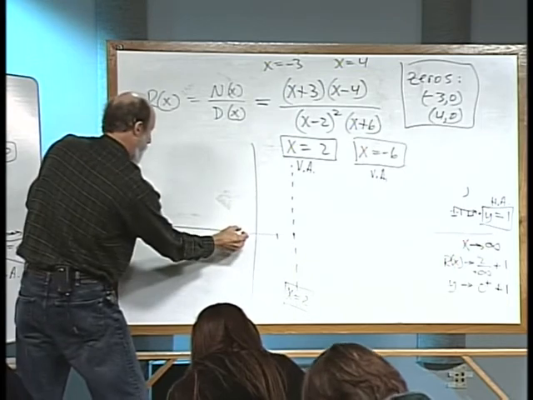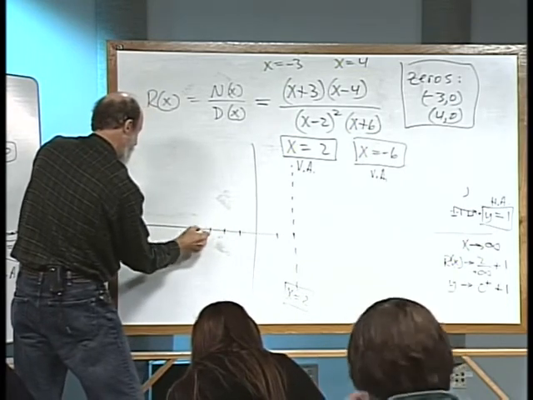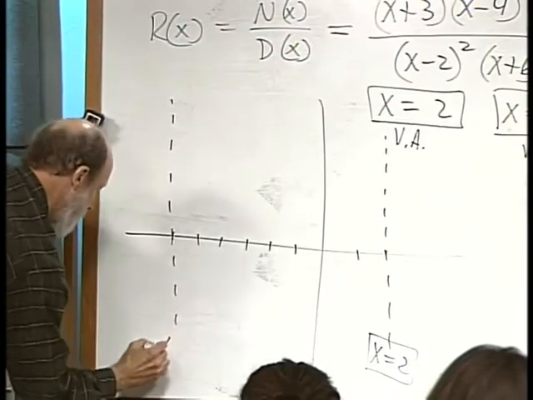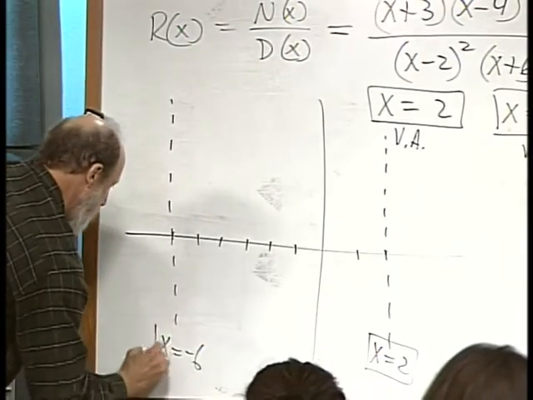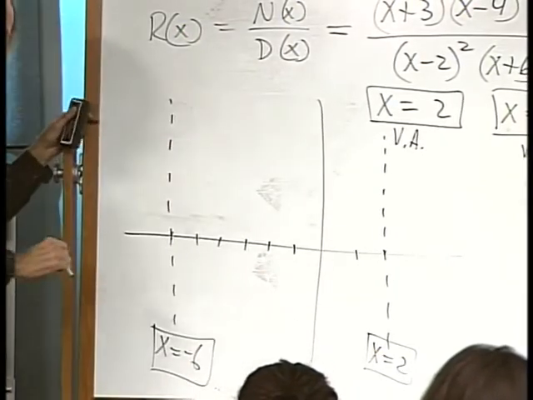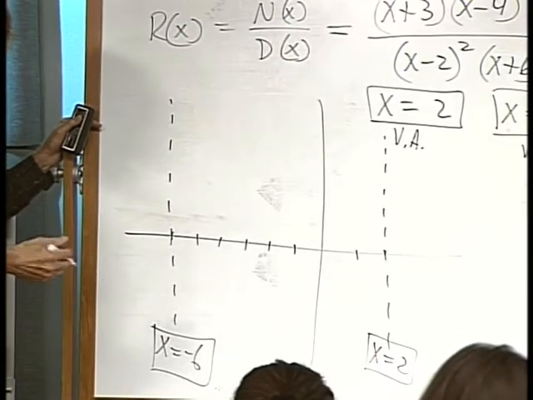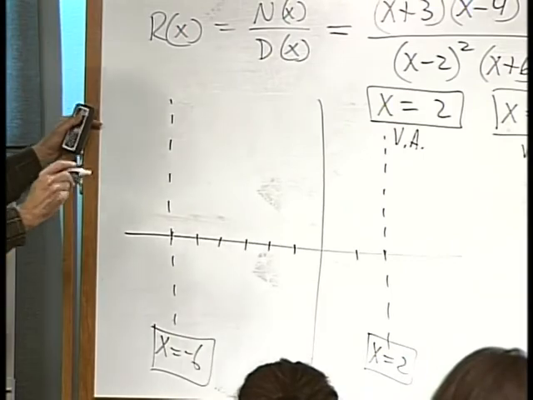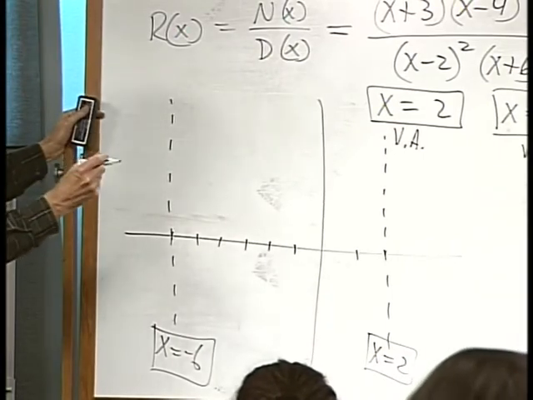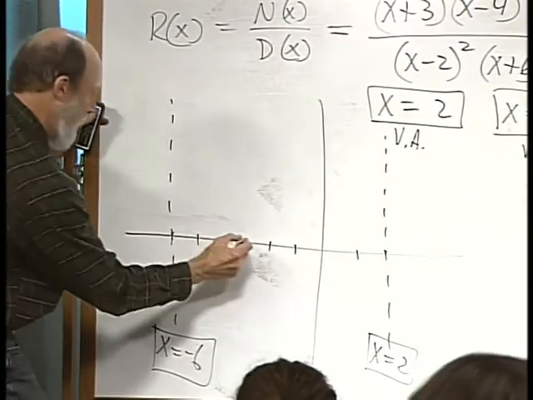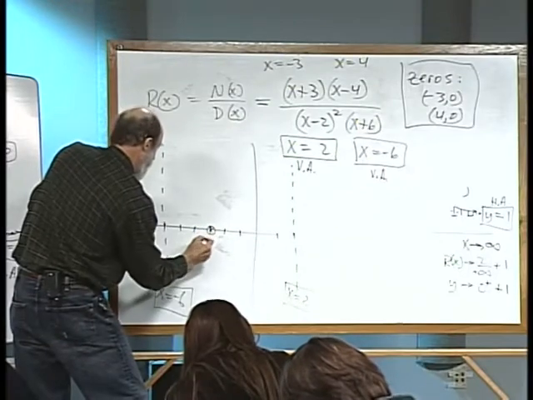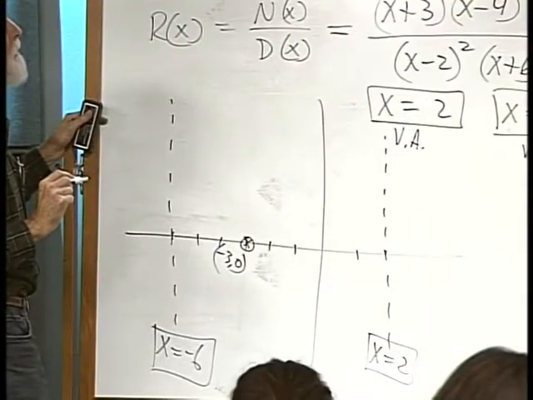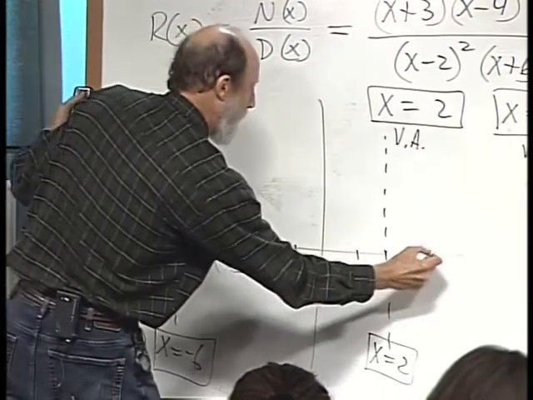At -6, we're going to have a vertical asymptote. I'm trying to model for you good behavior on your paper. Okay? You write the equations down, please. Okay. Now, we've got those two. Oh, we also have some zeros. At -3, we have a 0. And at 4, we have a 0.